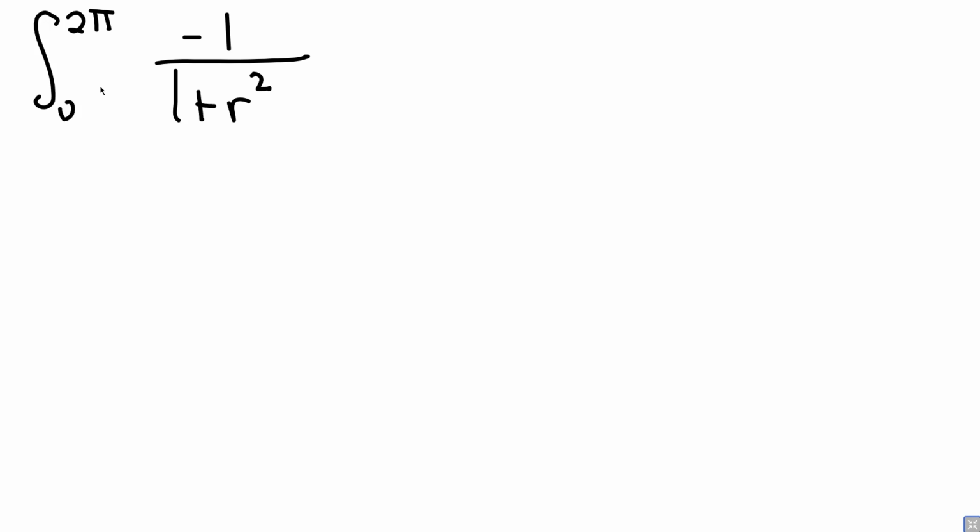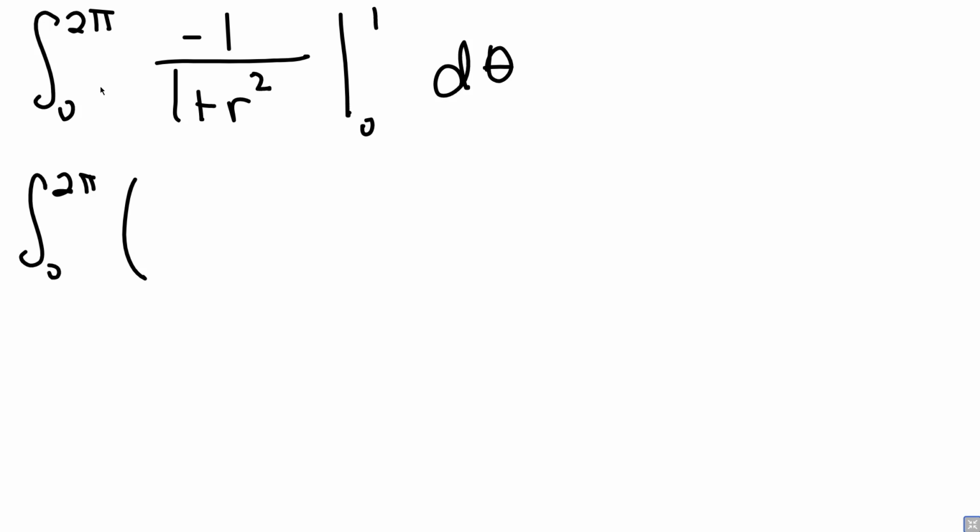Then we're going to evaluate this from 0 to 1, d theta. So the antiderivative of u to the -2 is -1 u to the -1, or -1 over u. Right? So if I evaluate this from 1 to 0, I'm going to end up with the integral from 0 to 2 pi.